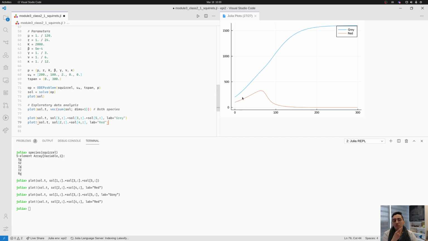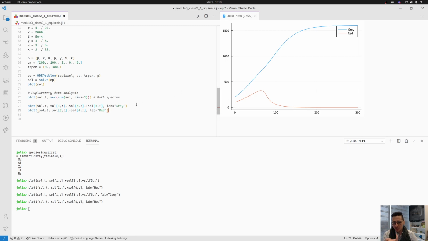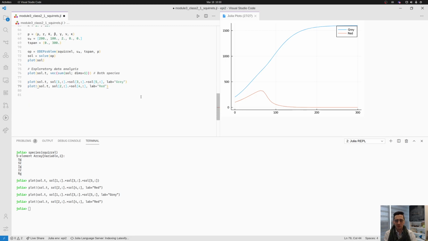So what we see now is that before we had a growth of both species, at some point here, what we see is a decline in the population size of the red species. And the reason they're declining is because there is this infection going on. So we can also try to plot the total number of infectious individuals over time.